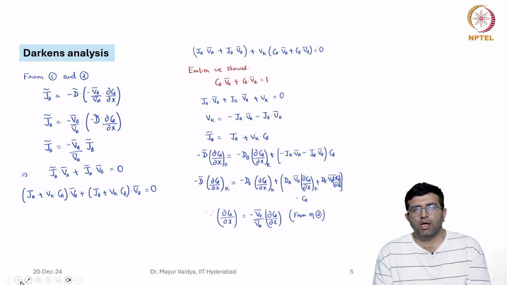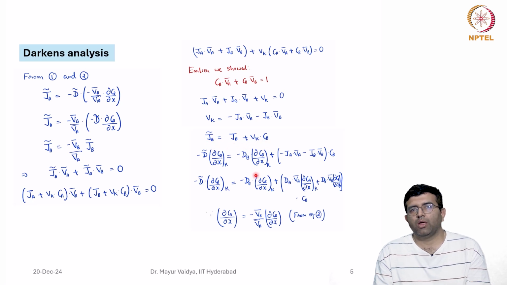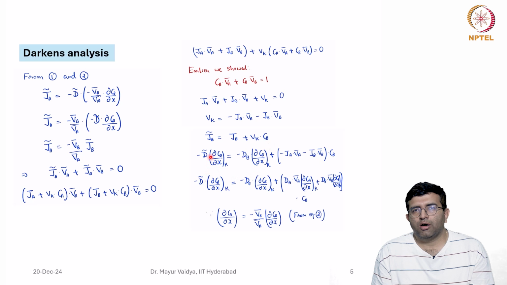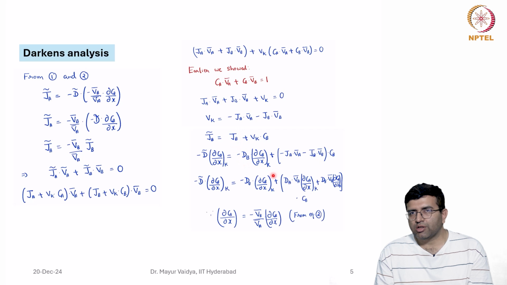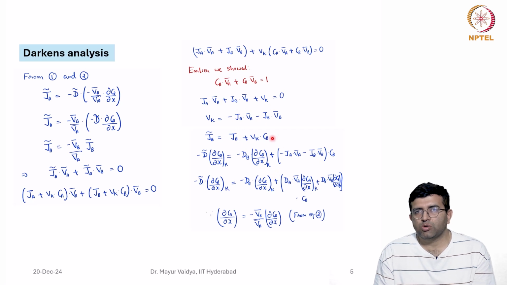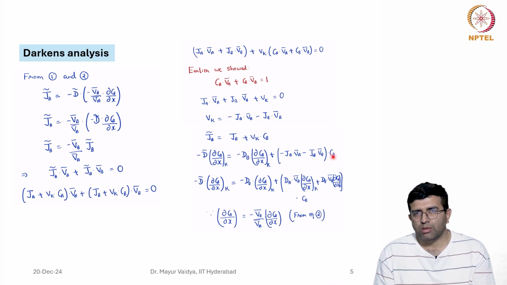Now, if I again utilize this expression J_B tilde is equal to J_B plus V_k into C_B, I can write minus D tilde ∂C_B/∂x at the Kirkendall marker plane is equal to the intrinsic flux, remember, minus D_B into ∂C_B/∂x again at the Kirkendall marker plane, and I can substitute this expression for V_k as minus J_A into V_A bar minus J_B into V_B bar into C_B.